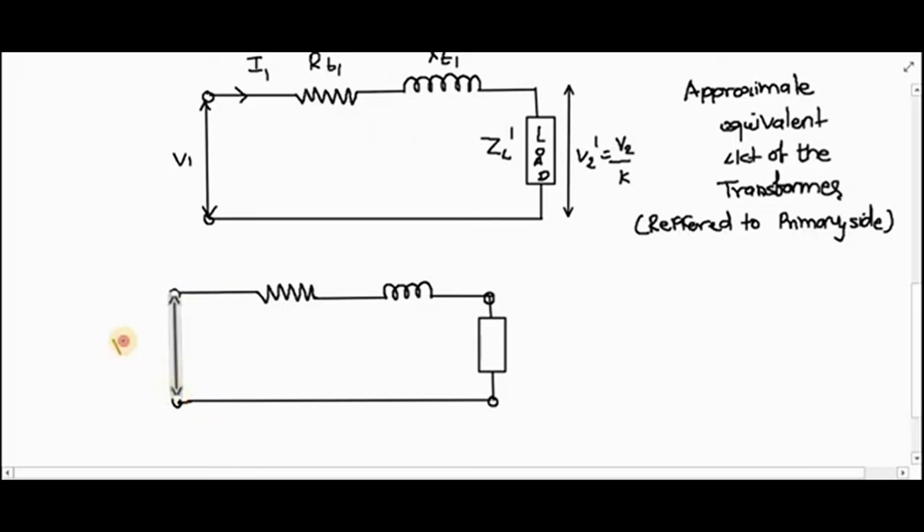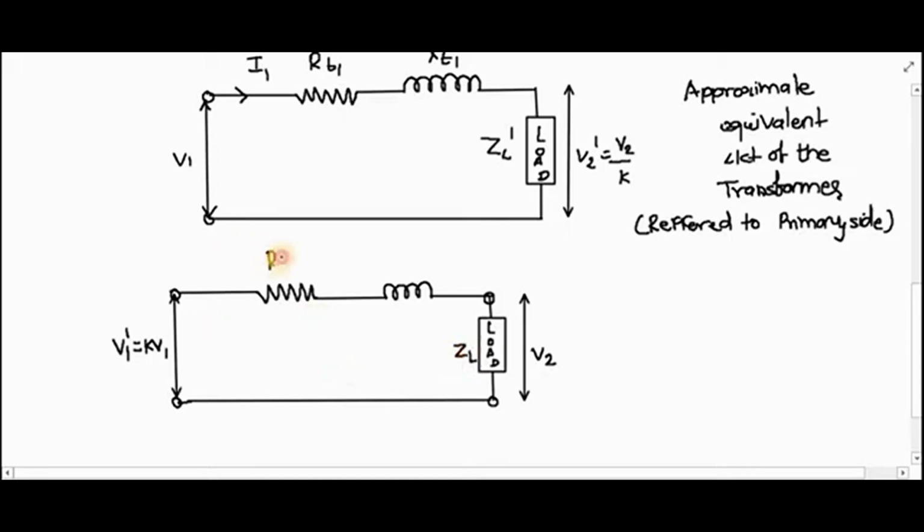Now, when V1 is transferred to the secondary side, it will become V1 dash, which is equals to K into V1. V2 I am not transferring, so I will write down V2 as it is. I am not transferring the ZL, that is load impedance, so ZL as it is.